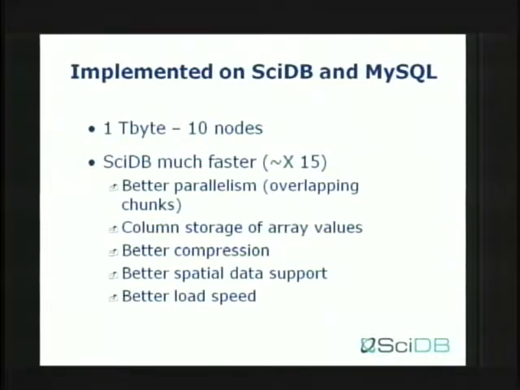The other thing is that there's a whole bunch of attribute data. And if you store it column-wise, it tends to be faster than if you store it row-wise. MySQL stores it row-wise. SciDB stores it column-wise. SciDB gets a lot better parallelism, because if you're taking an image and you want to pick out the observations, you want to have a chunking system.